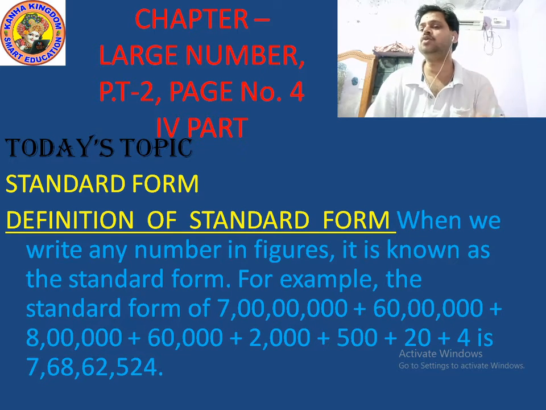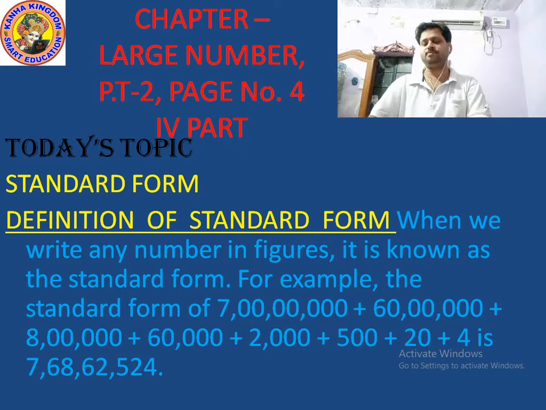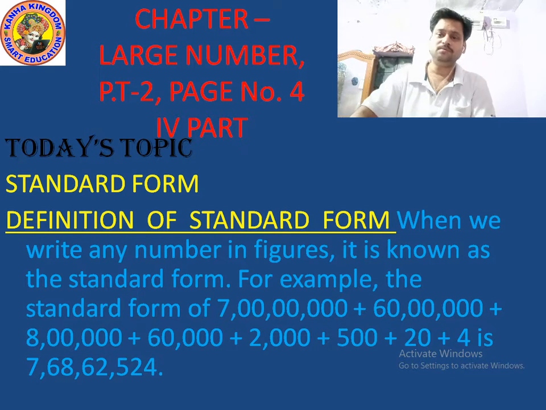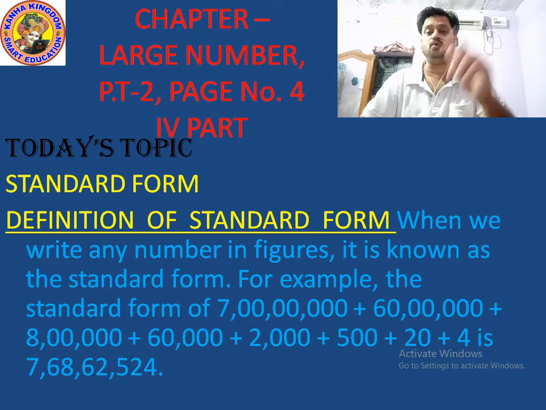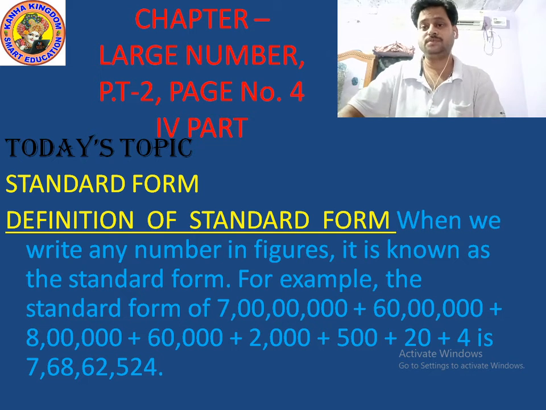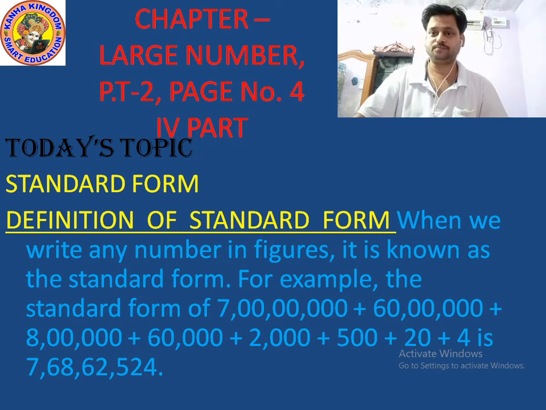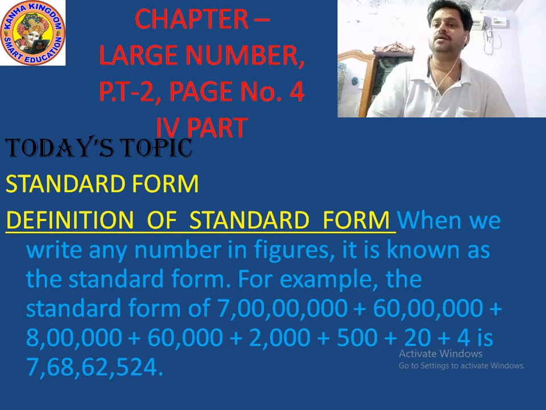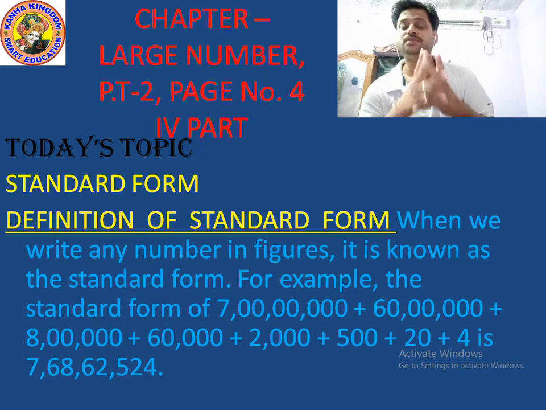Okay, and in the crores period there are 2 place values, that is crores place value and 10 crore place value. So 7 is in crores place value. So 7 crore plus 60,00,000. After the second comma there are 2 digits, that is 60. And we all know 2 commas means third period.